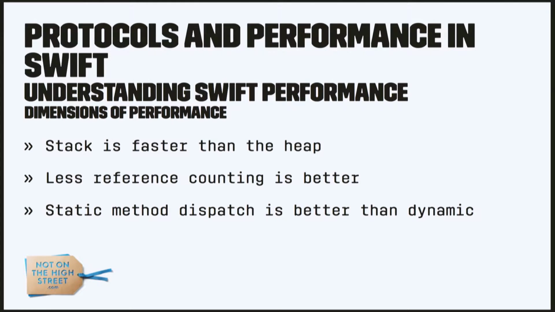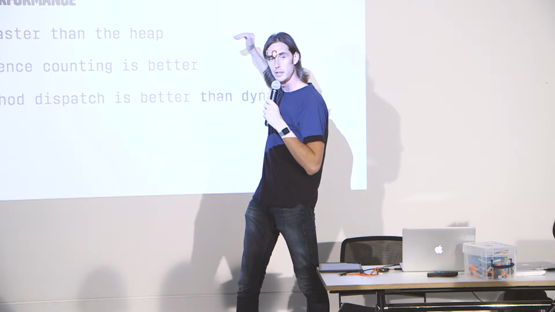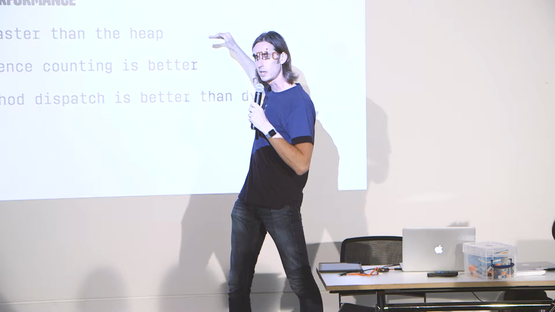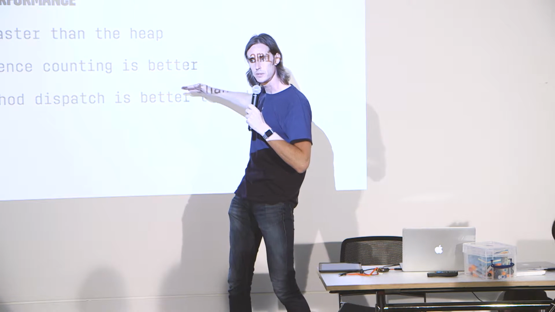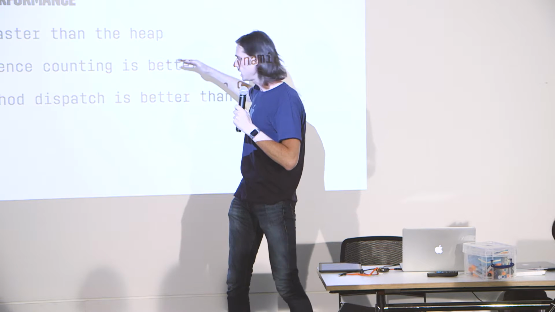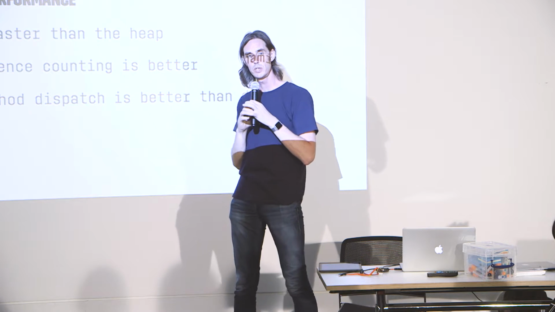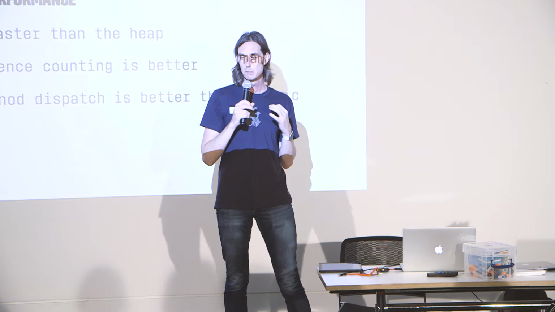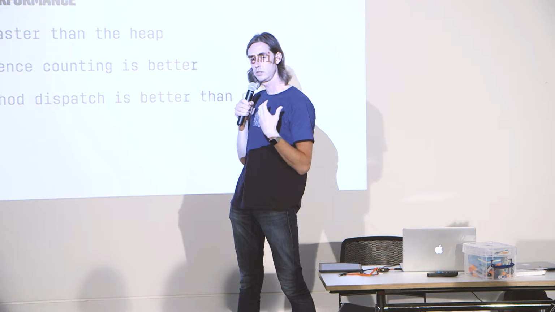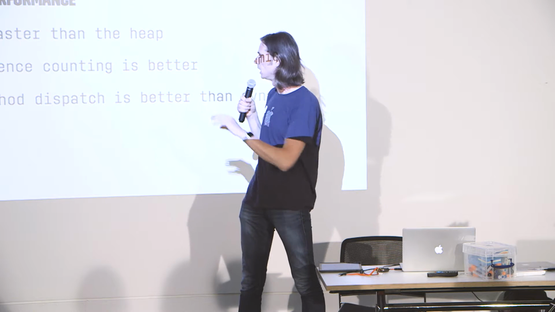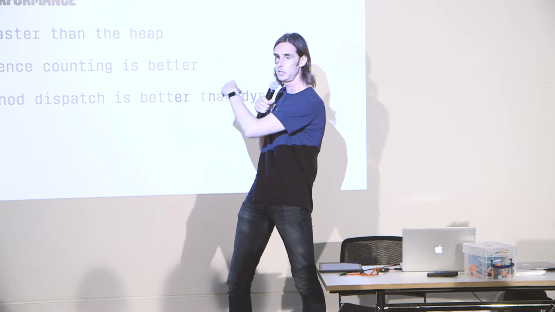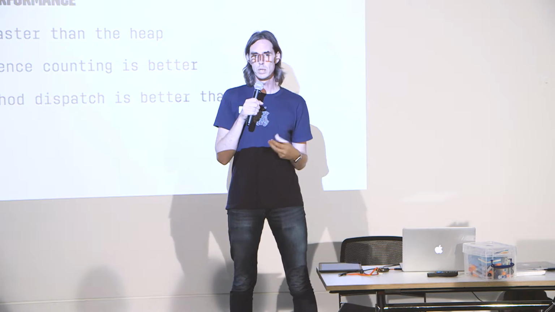When you create a struct, not a class, then literally the pointer to the end of the stack gets decremented. And when you do it again, it happens again. So in terms of speed and performance, basically all that's happening is you're allocating an integer. It's very fast.